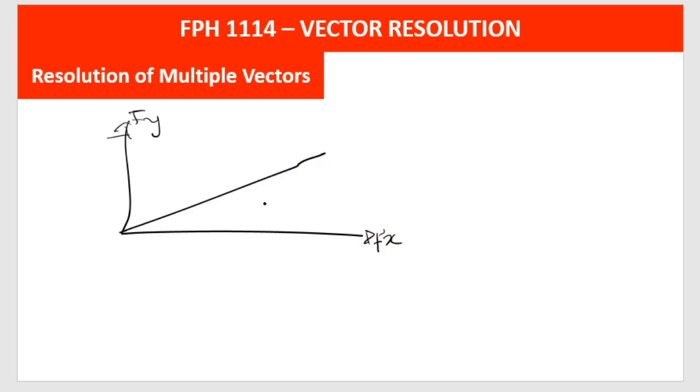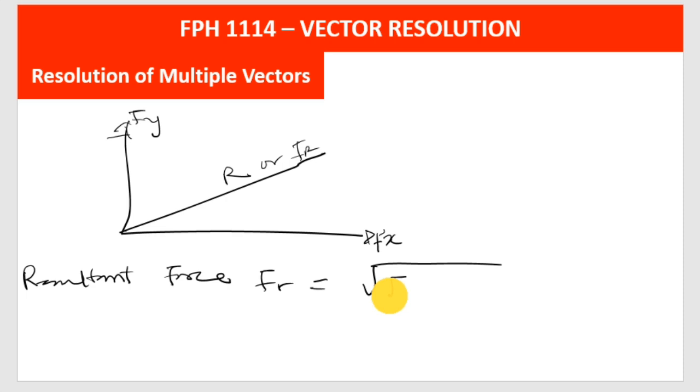Now we will look for what? Our resultant, either r or fr. So the resultant will still be the same: fr is equal to the square root of fy squared plus fx squared.